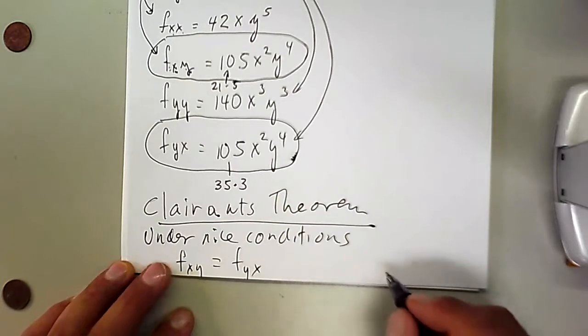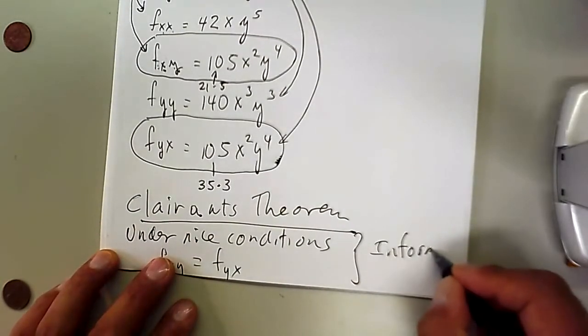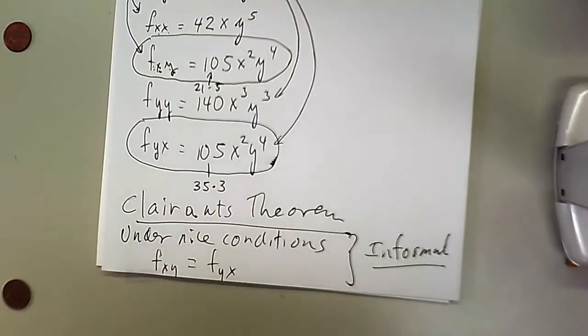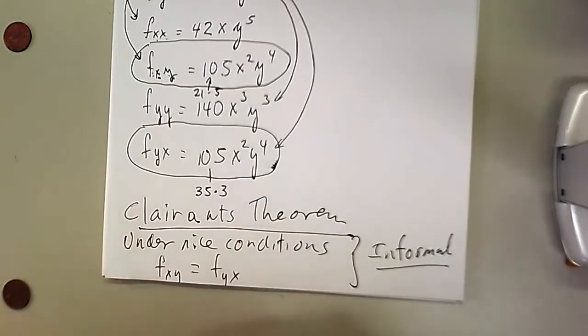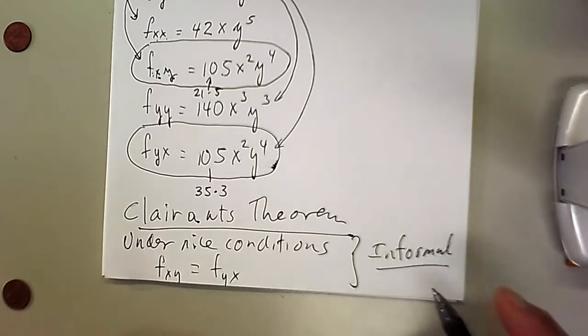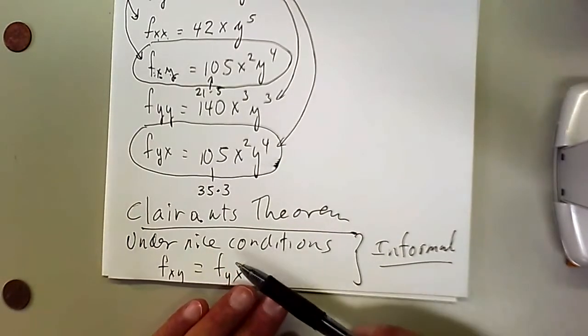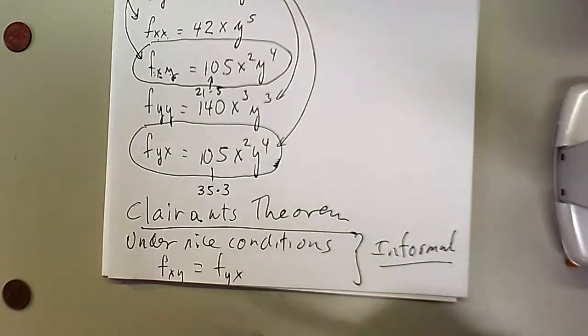Yeah, so this is very informal. And it's okay to be informal sometimes, not all the time, of course. Especially in mathematics, we should be formal. But at this point, when we become too formal in one direction, then we lose track of what we're doing. So be aware that if we have nice conditions, then this is true. By nice conditions, we have to have continuity.